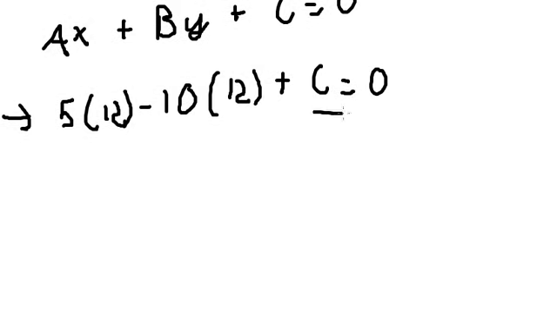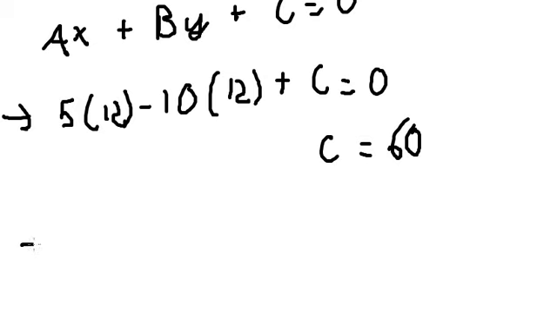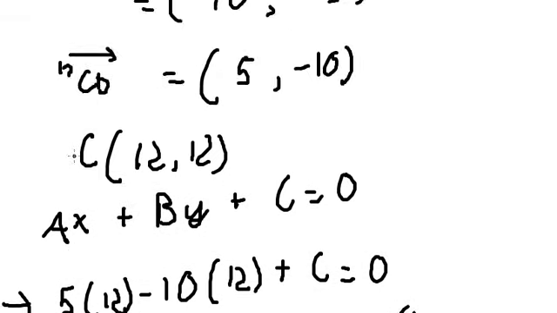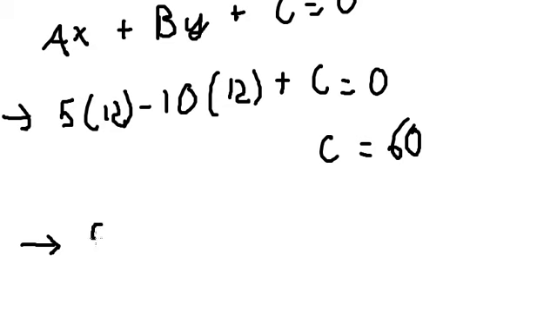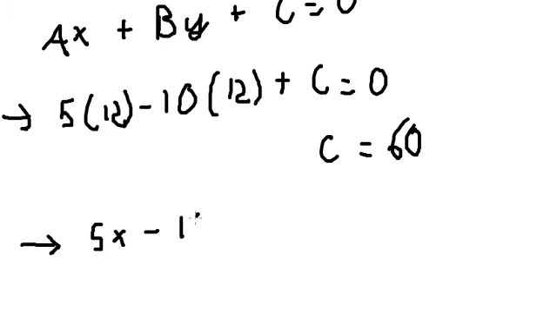So we can find the value of C in here. This one we have 60. So the first median in here, that is 5x minus 10y plus 60 equals 0.